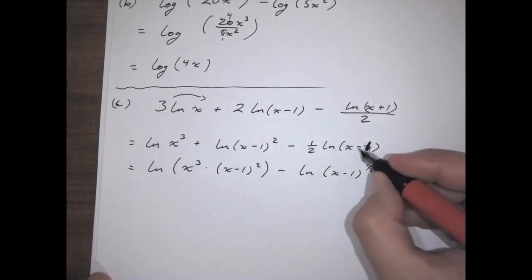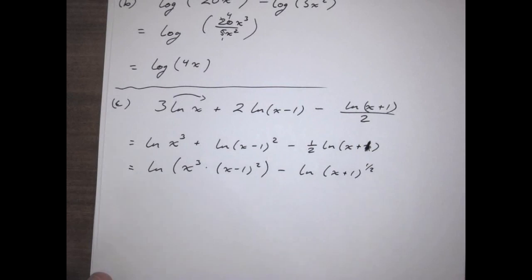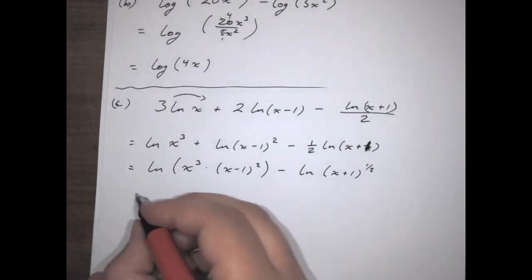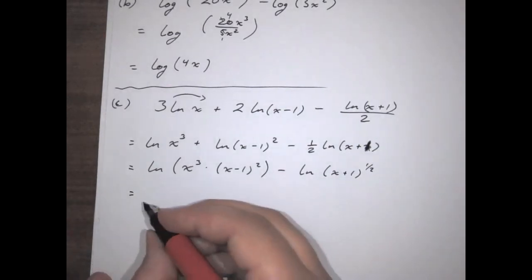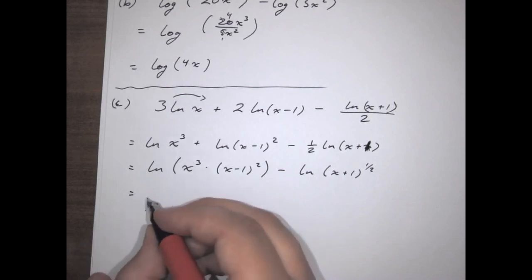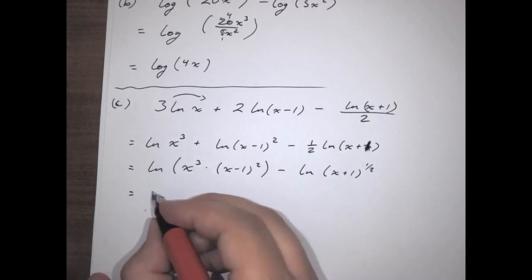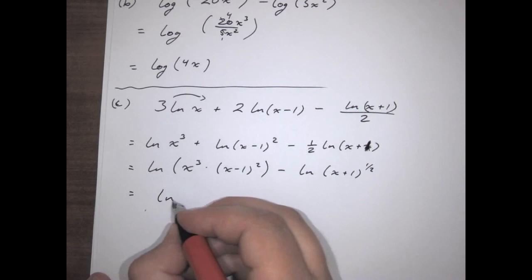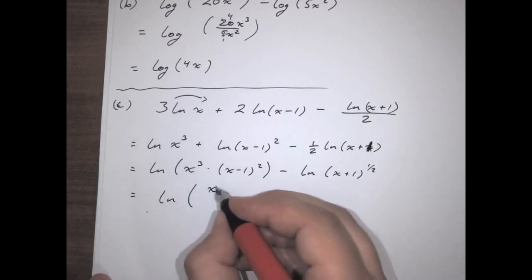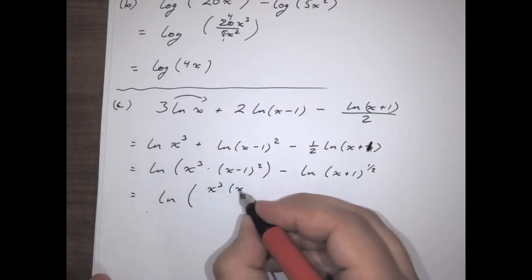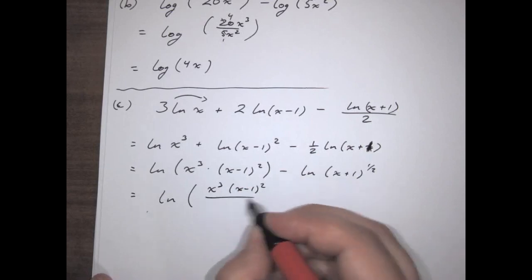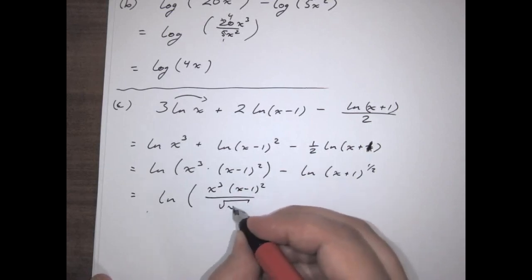So a 1/2 power is the same as a square root, and the subtraction is the same as a division once you've done the logarithms. So we're talking here about the ln of x cubed times (x minus 1) squared divided by the square root of x plus 1.